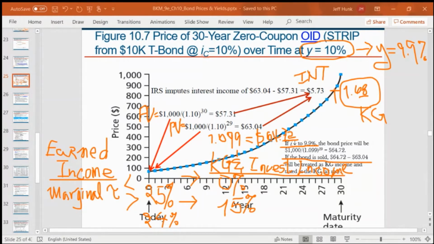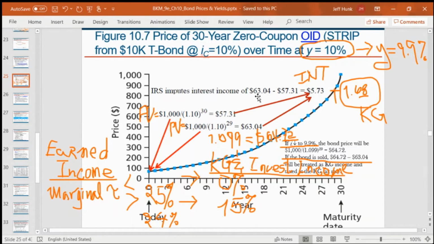So if you sell, this $1.68 is taxed at the capital gains tax rate, and even if you don't sell, this is the interesting thing.